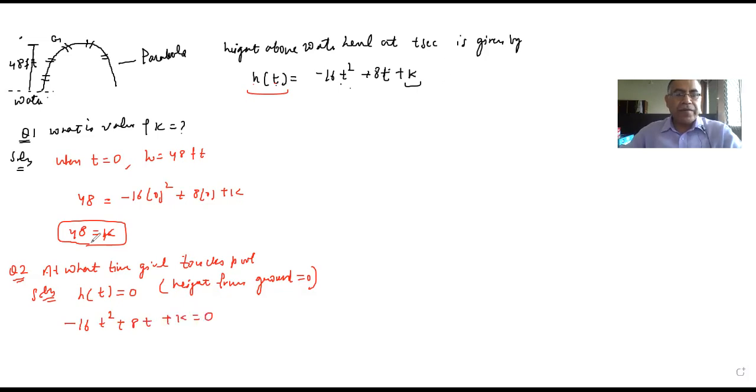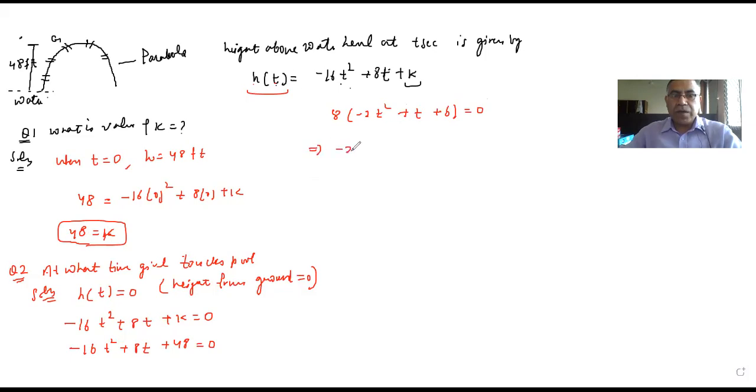So now we have already calculated the value of k. So I'm going to substitute the value of k because I want to get the time. So take 8 outside to make it simpler. This is minus 2t square plus t plus 6 equal to 0.